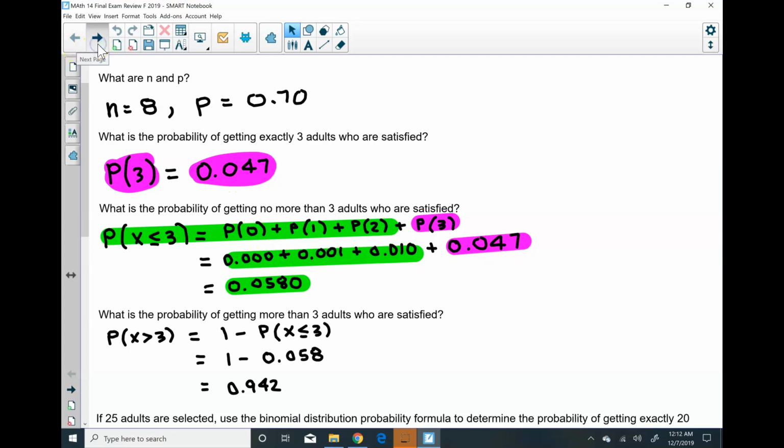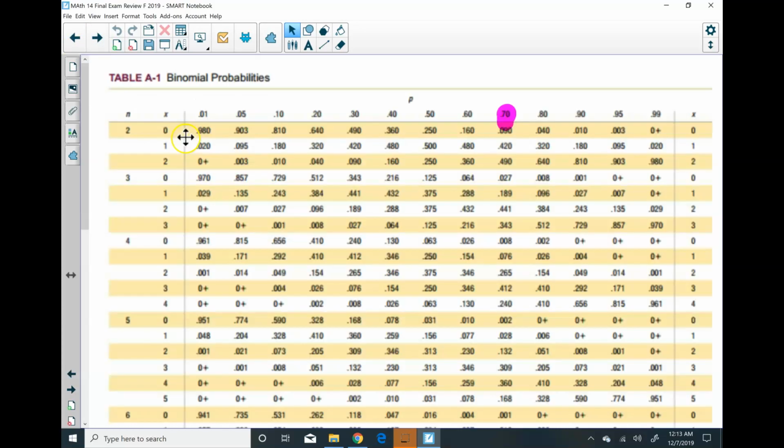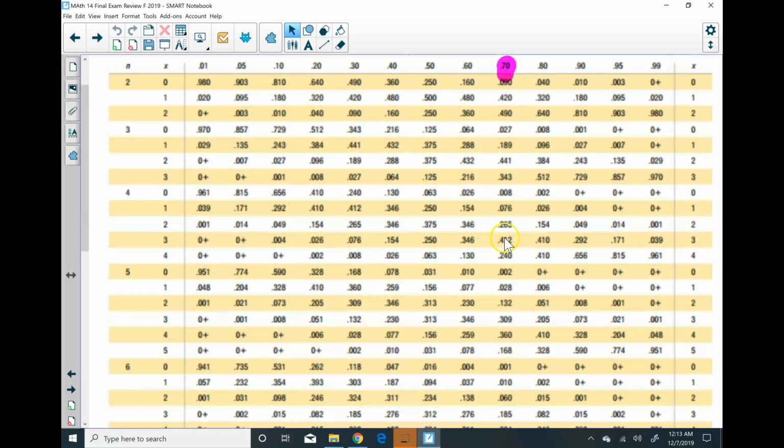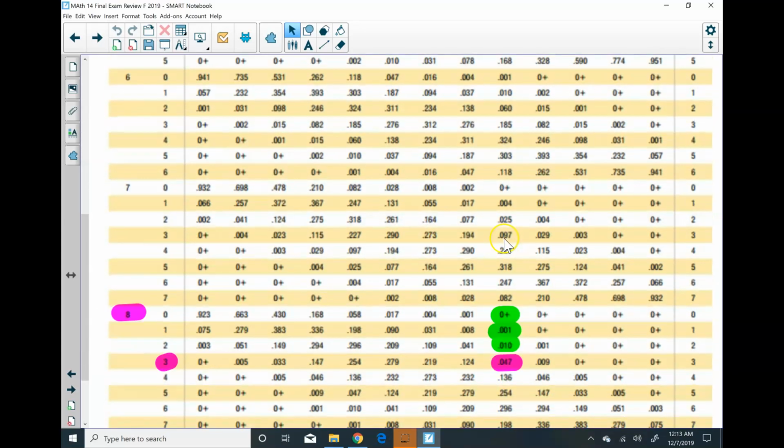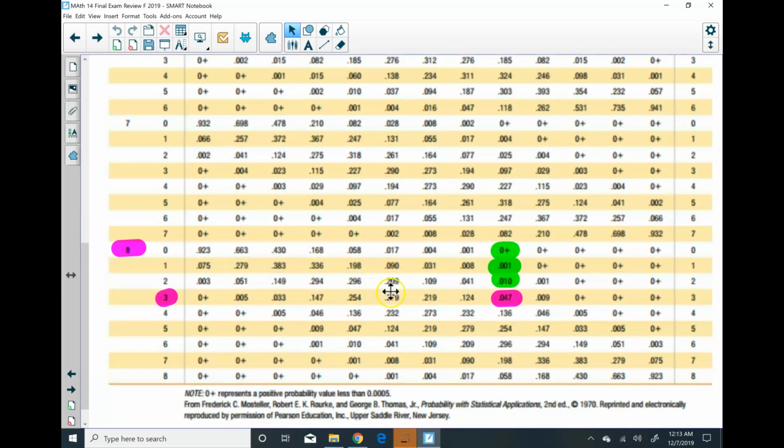So again, looking at the chart, again, we're looking down the column of 0.70. We scroll down here. Now, if you look at 2, you got 0.010. If you look at 1, you got 0.001. And if you look at 0, you're looking at 0 plus, which means it's 0.